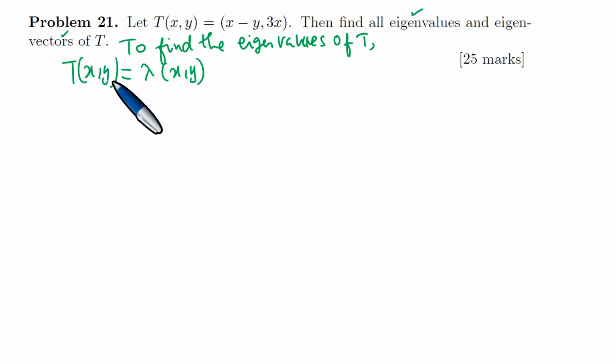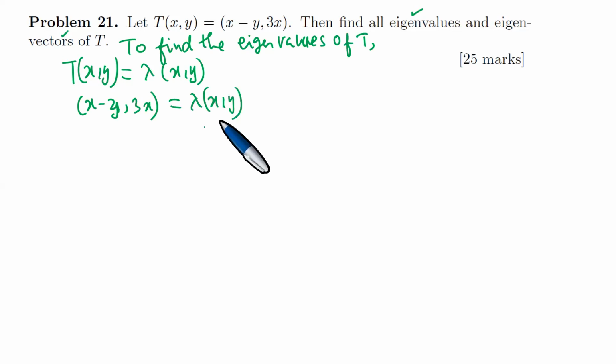In other words, we're interested in the relation that satisfies this. And what is T of (x, y)? T of (x, y) is (x minus y, 3x), which equals lambda times (x, y).